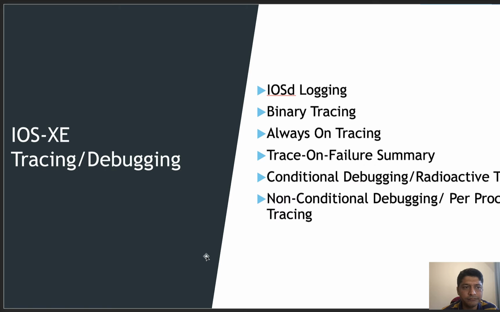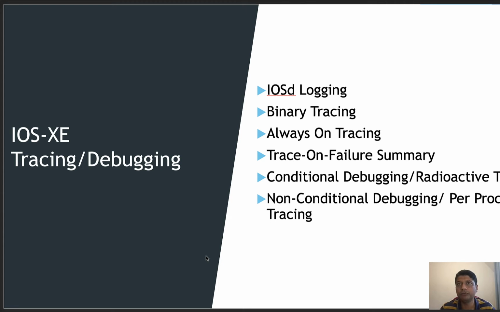And the another thing, other than your IOS XE structure, or how IOS XE comes in C9800, another important thing is your tracing and logging. So basically, it's a binary tracing idea, right? Every process, while it is running, also writes the logs.